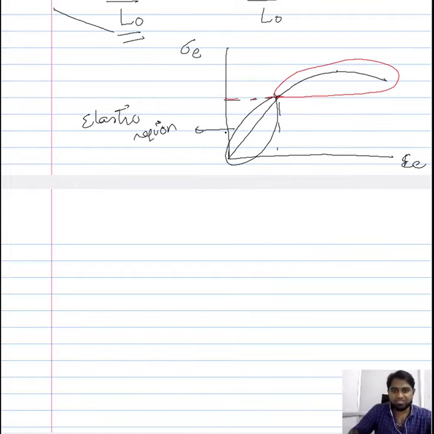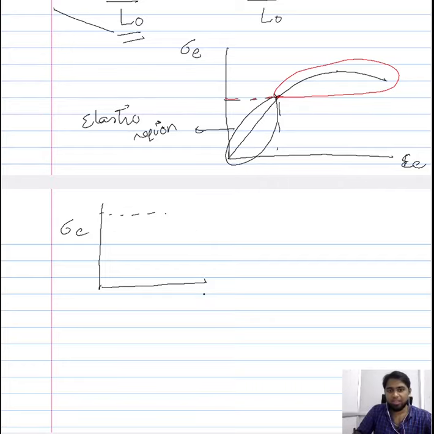Supposing, within the elastic region, I am loading my material or imposing an engineering stress on my material, and I'm calculating the strain exhibited by the material. This elastic region is characterized by the linear relation between the stress and strain.